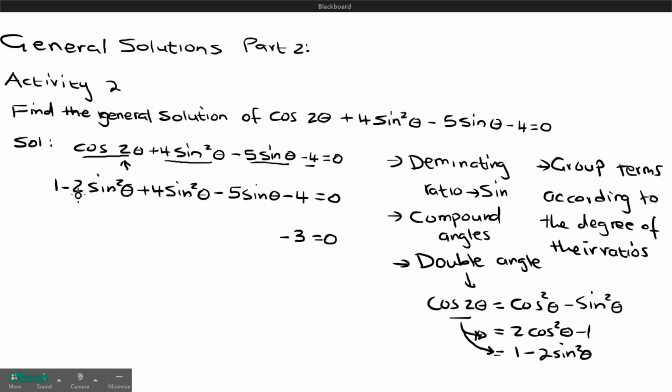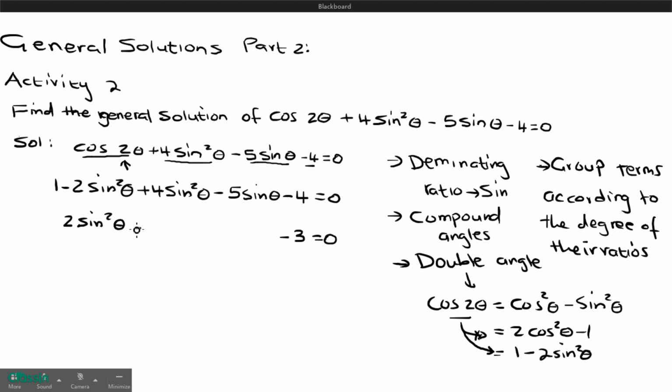Then we have negative 2 sine squared theta plus 4 sine squared theta. The degree of the ratio sine in this case is 2 and 2, so the squared and squared can be grouped as like terms. Minus 2 plus 4 is 2, and our ratio is sine squared theta.